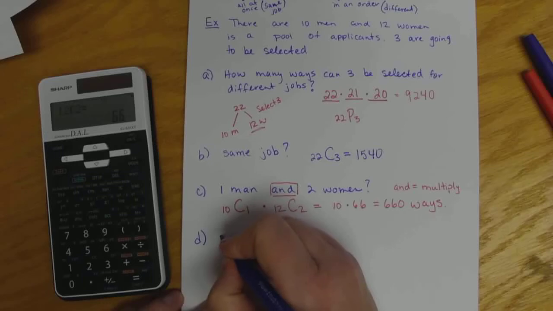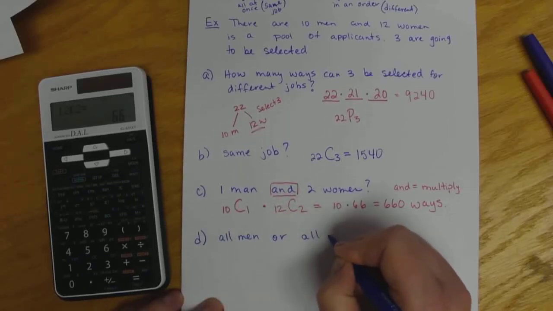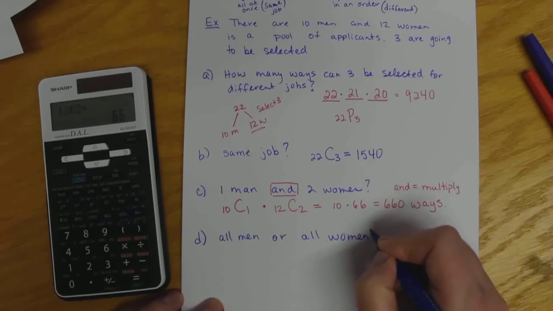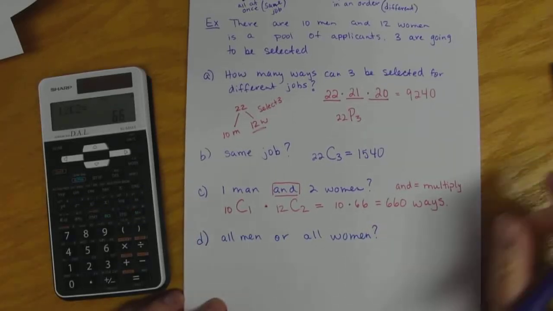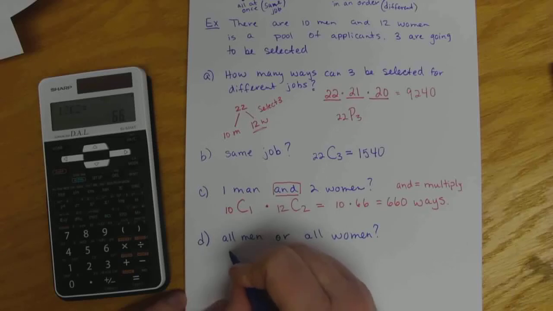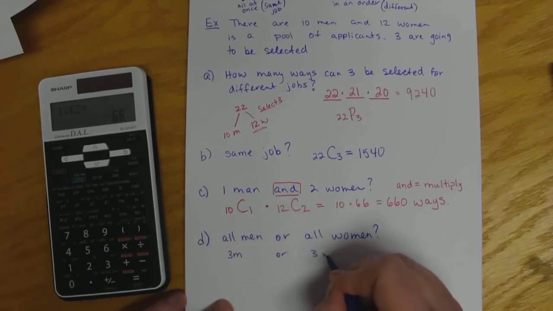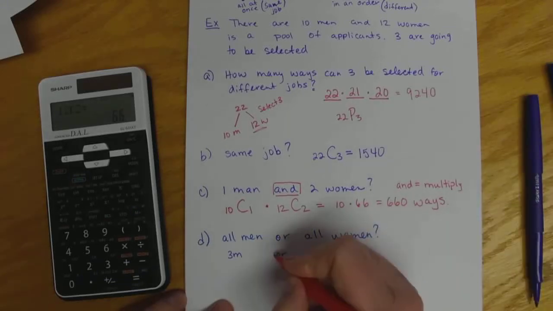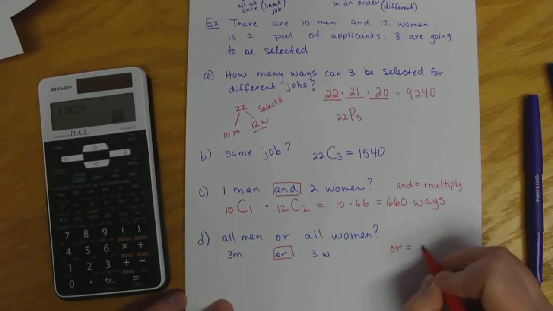What if we wanted all men or all women? This would be 3 men or 3 women. And or is also an important word, and that means add.